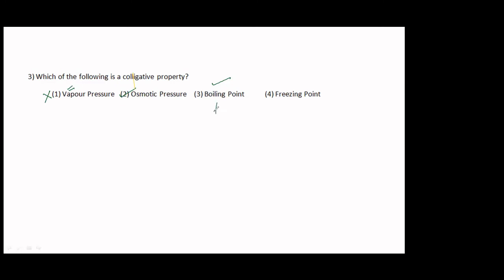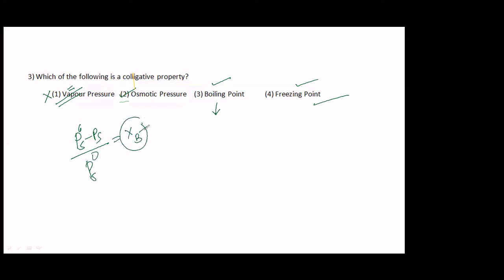However, elevation in boiling point is a colligative property, not boiling point alone. Similarly, freezing point is not a colligative property. Depression in freezing point, yes. You have to be very careful. Relative lowering of vapor pressure is a colligative property: (PS0 minus PS) divided by PS0 is equal to the mole fraction of the solute.